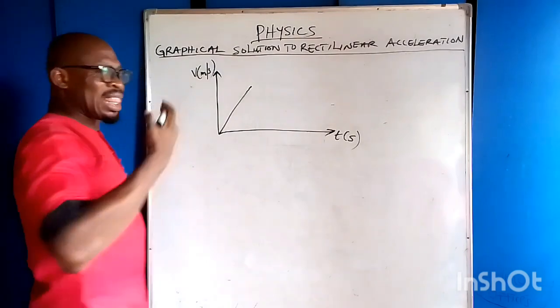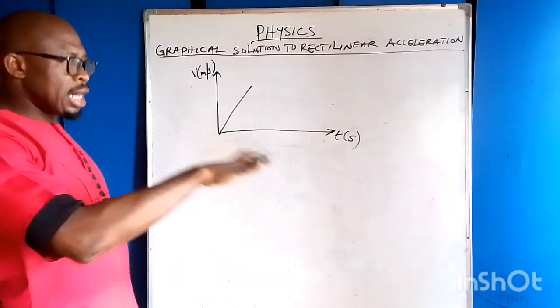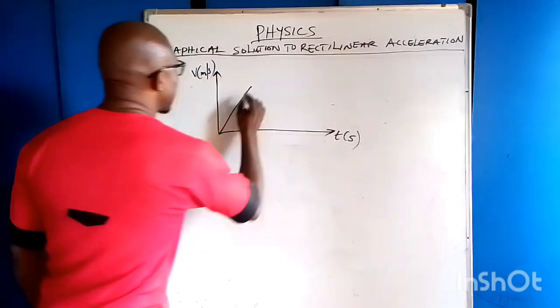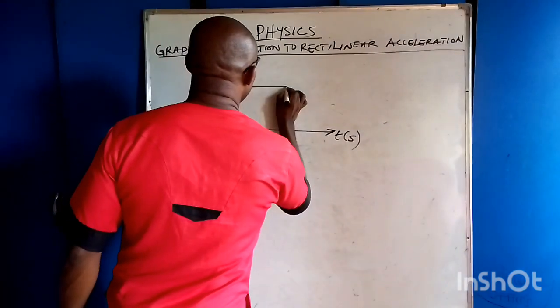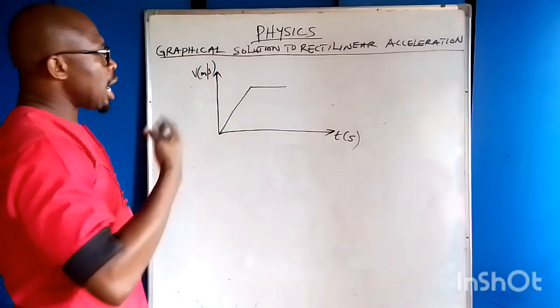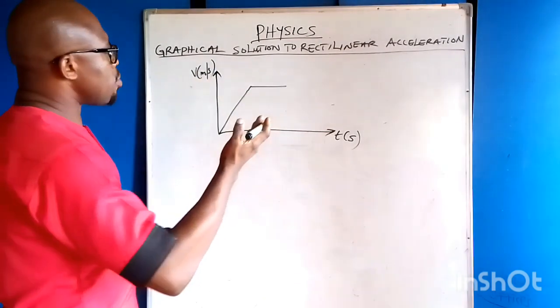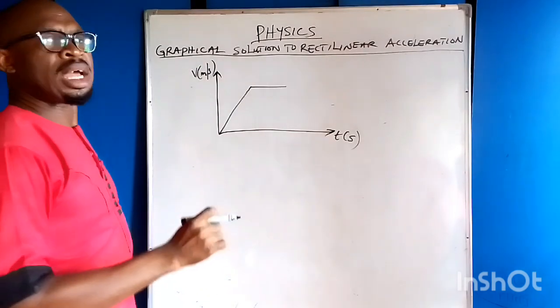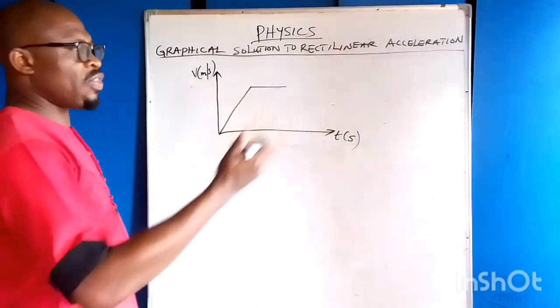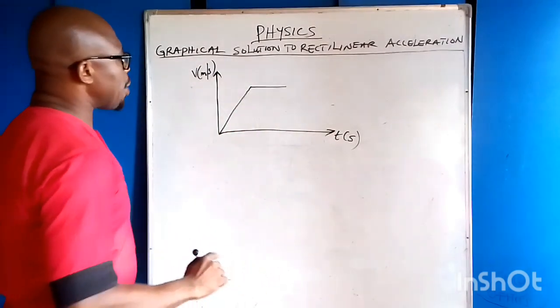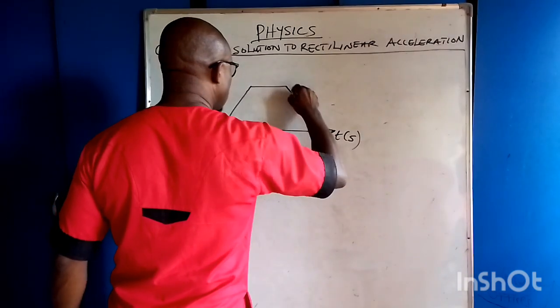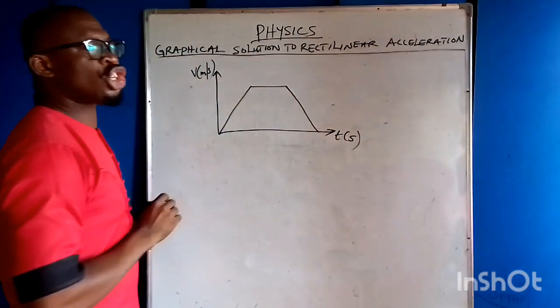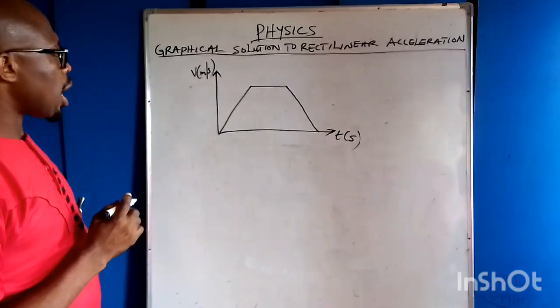Now, if at a point the acceleration becomes constant, that means it will now move like this. If peradventure the driver suddenly sees a pothole or a parked vehicle, the next thing is to apply brakes. Now, if you apply brakes, this is the shape of the motion we have.